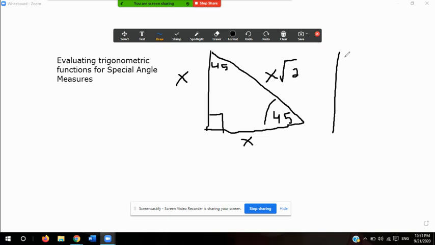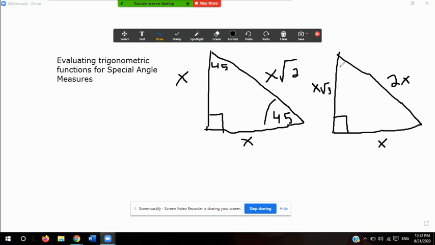For the 30-60-90, we'll have x times the square root of 3, or the square root of 3x, which is the same thing, the hypotenuse, which is 2x, and x, which is down here, which of course is opposite the 30-degree angle.